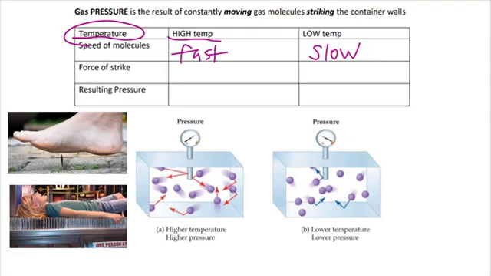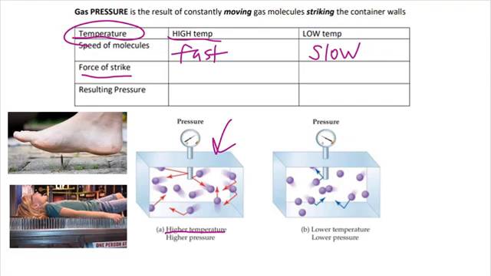Now, similar to the speed, if you think about the force of the strike, when these particles, if you look down here at this example, are moving faster because they're at a high temperature, it'd be like if you were running really fast and smashed into a wall, versus if you're walking really slowly and run into a wall.